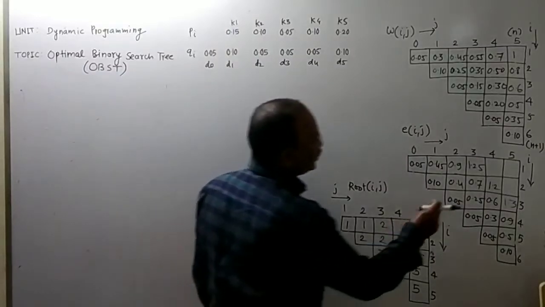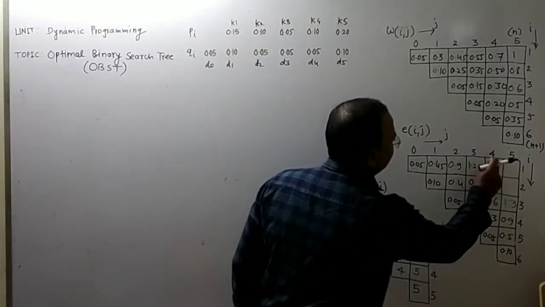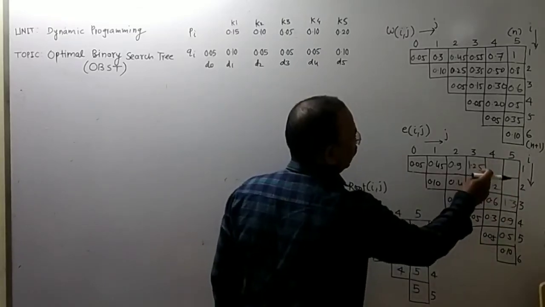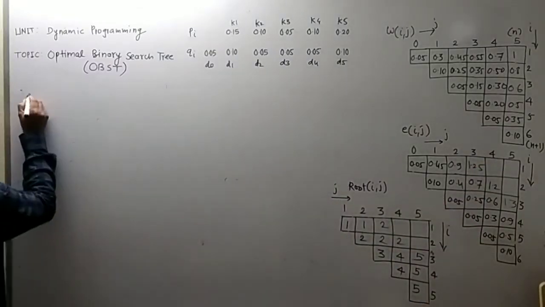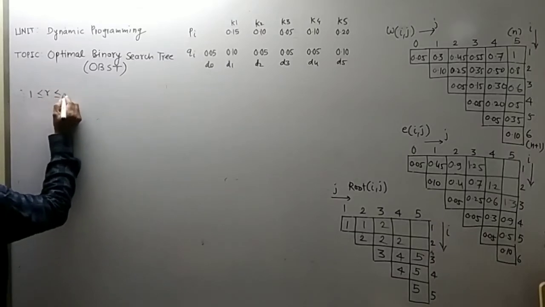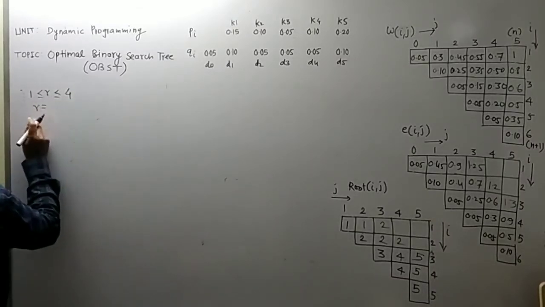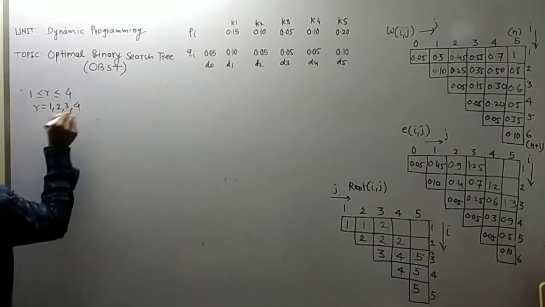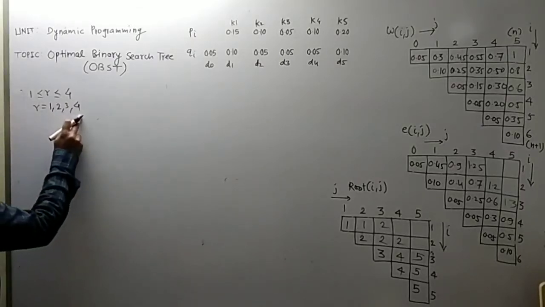Now try to get the values for these cells, 1, 4, then 2, 5. First we find out the value for the 1, 4 cell. 1 less than equal to r less than equal to 4, r varies from 1, 2, 3 and 4. So you will get 4 values.